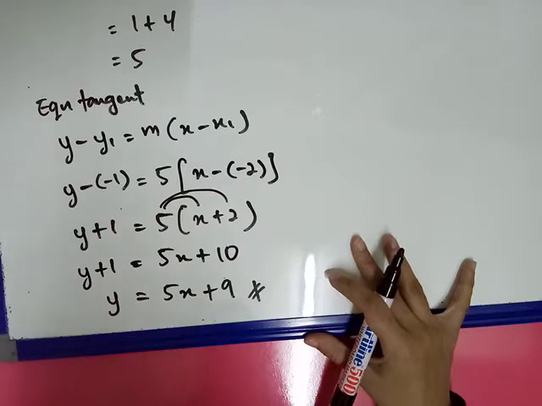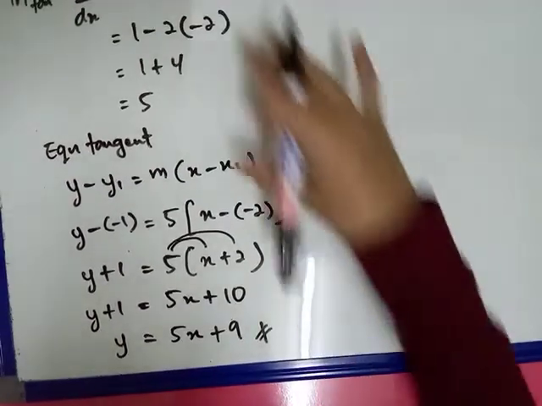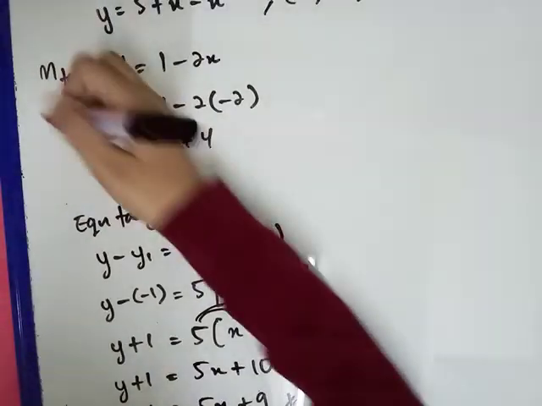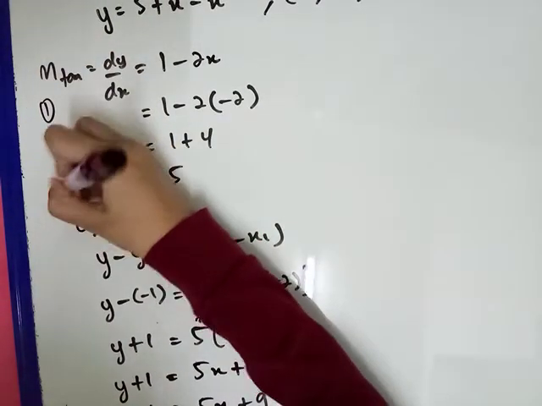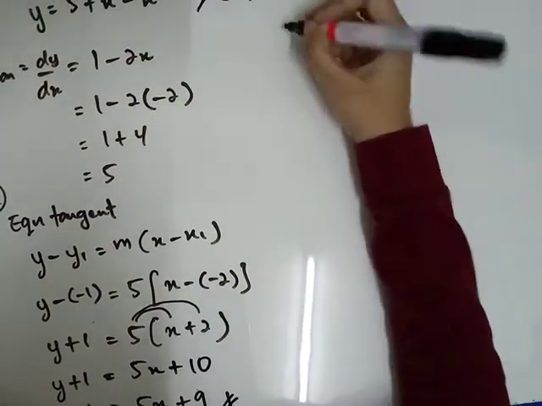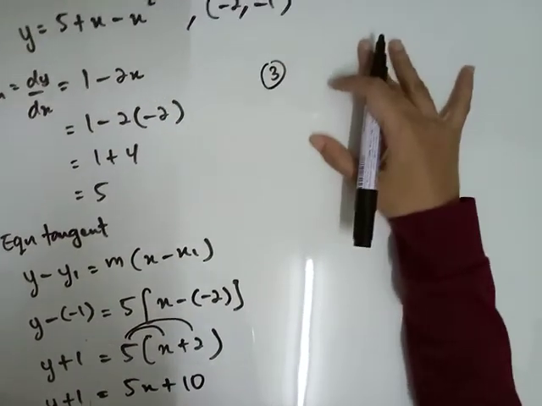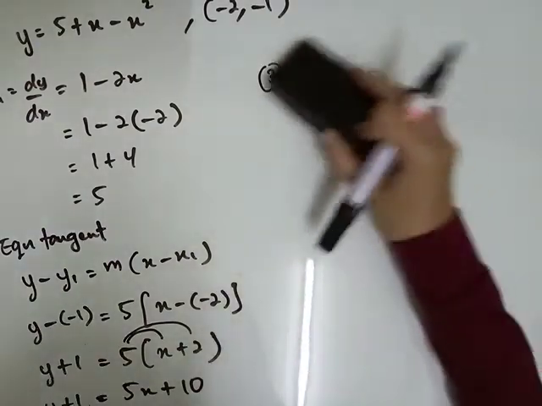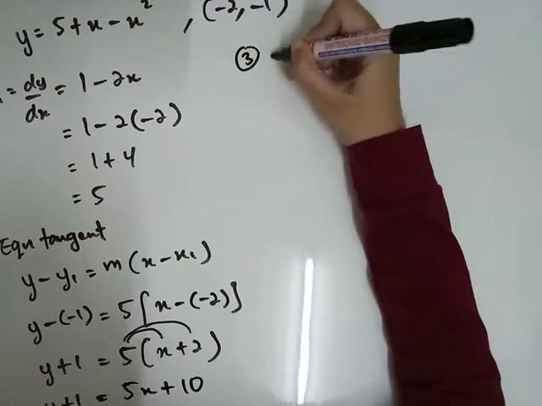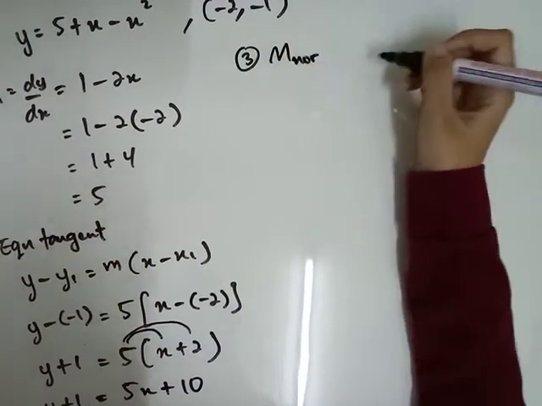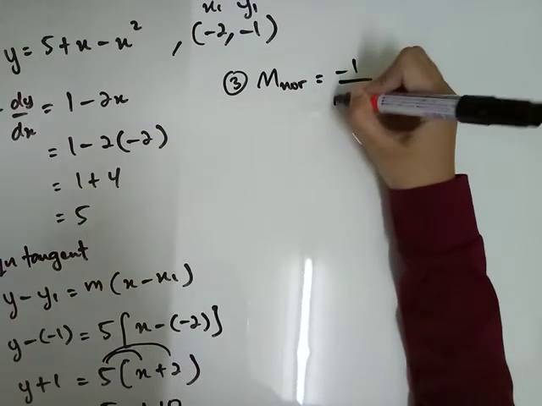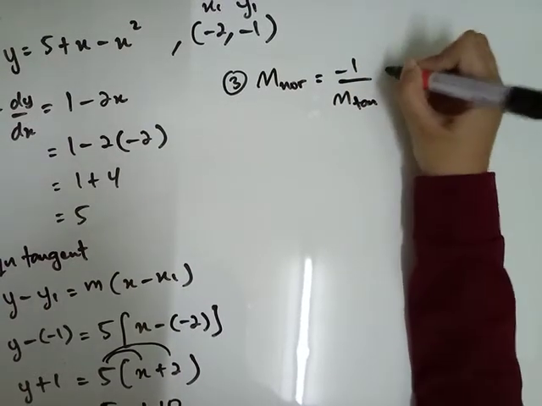Do you understand now? This is the first step, this is the second step. And then we need to find the equation of the normal line. The third step is we need to find the gradient of the normal line. m normal is equal to negative 1 over m tangent.